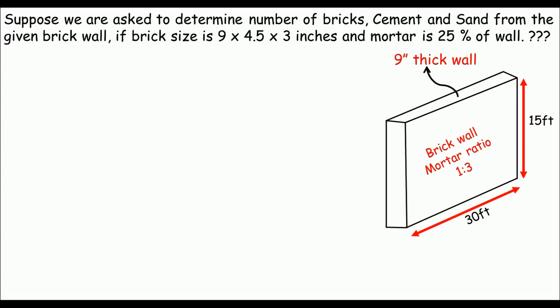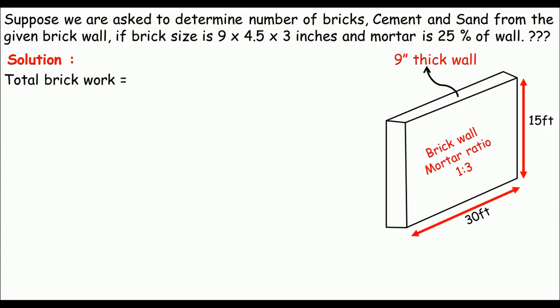If the data is enough to determine the number of bricks, cement and sand, I'll come directly to the solution. My first approach is to calculate the total brickwork, which is the volume of the wall.